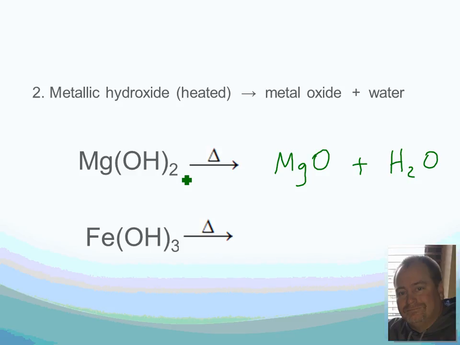Iron 3 oxide. What's iron's charge? 3 plus. What's oxygen's charge? 2 minus. So Fe2O3 and H2O.